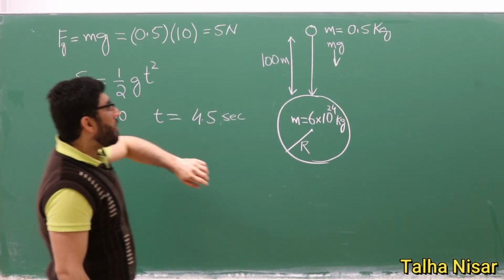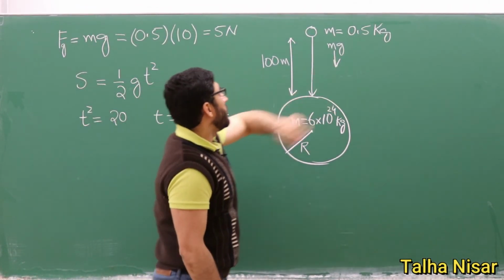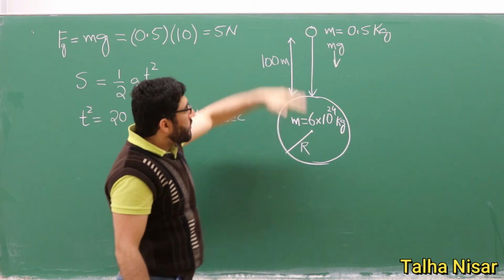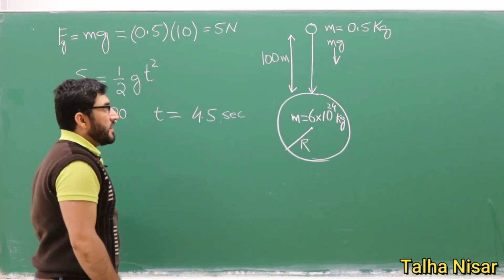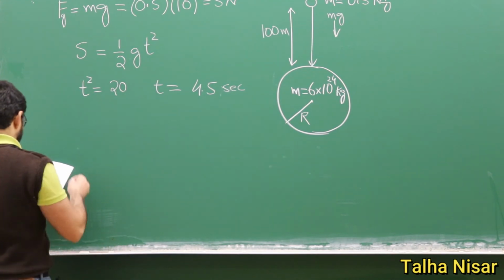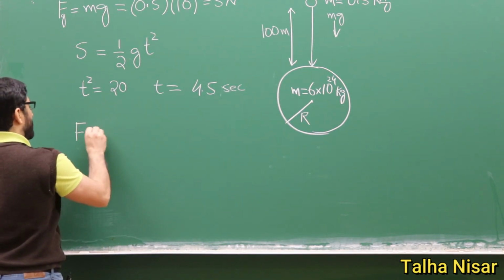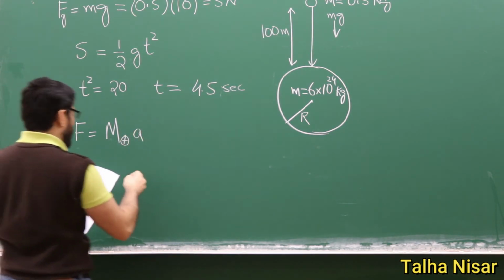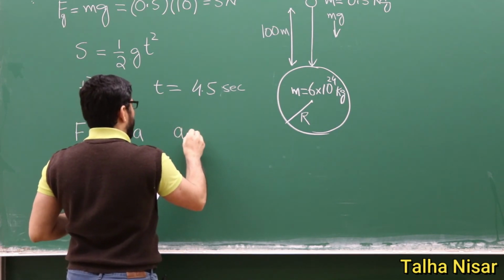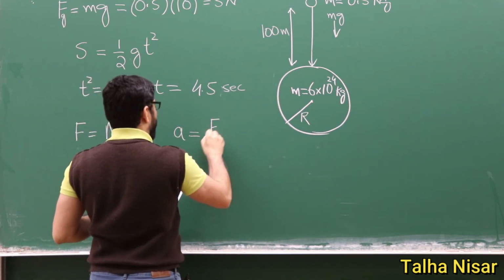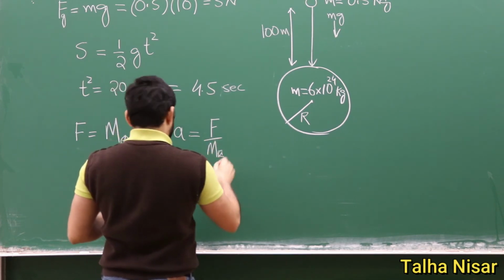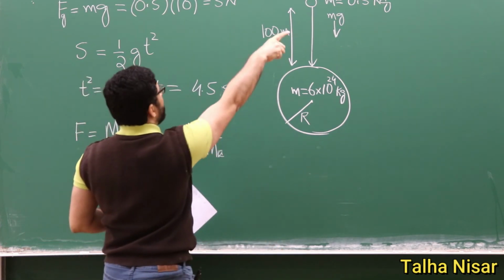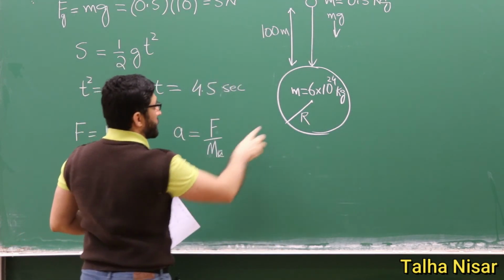For the small ball, we know the acceleration is 10 meters per second squared. For the Earth to move towards the ball, we have to calculate its acceleration first. So we have F equals big M a, where this is the mass of the Earth. So the acceleration will be F divided by the mass of the Earth.